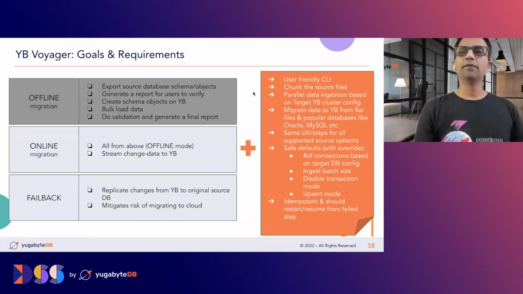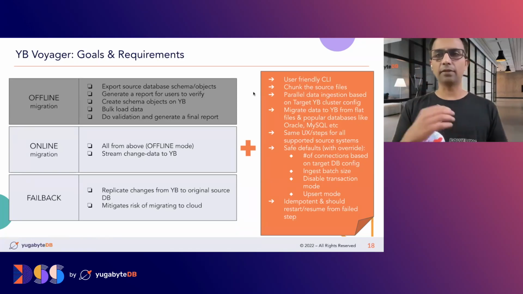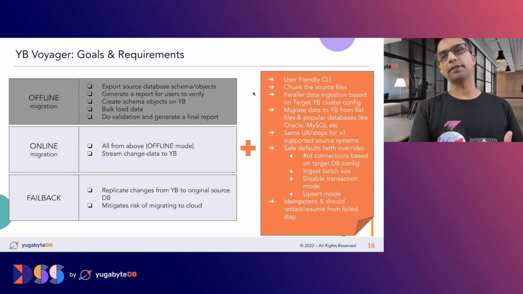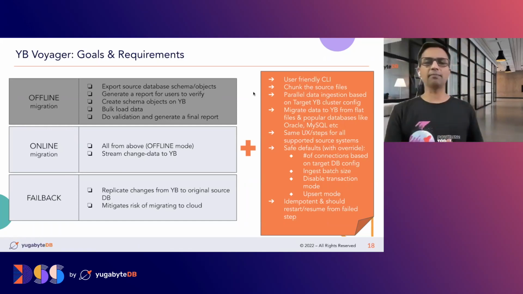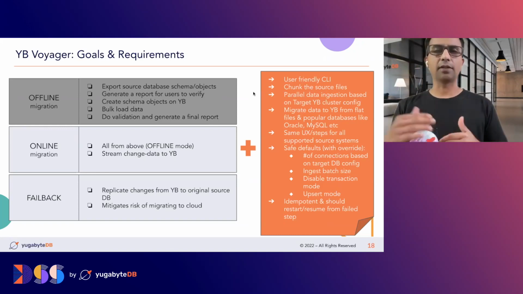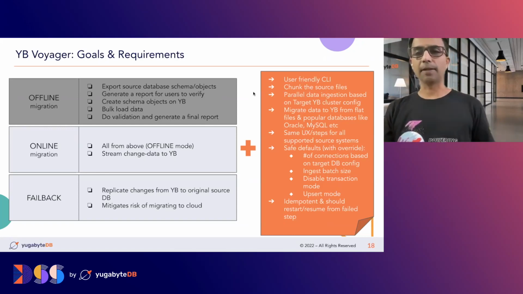For instance, we wanted to have a user-friendly CLI, so it's a lot easier even to automate on top of the CLI. We wanted to be able to chunk the source files into smaller bits, as in if there are transactional tables that have billions of rows, to be able to chunk them into, let's say, 10,000 or 100,000 rows, or smaller files, so we could ingest in parallel.